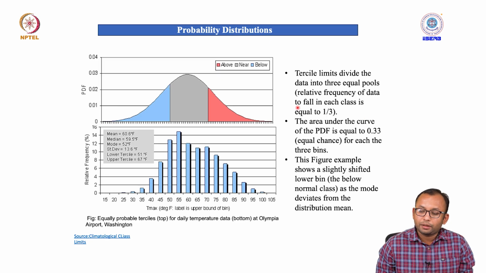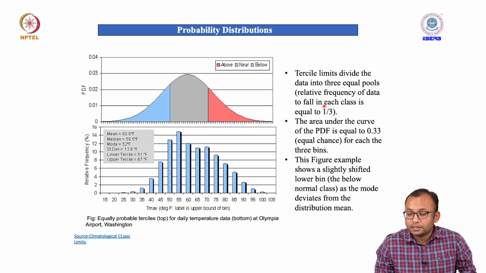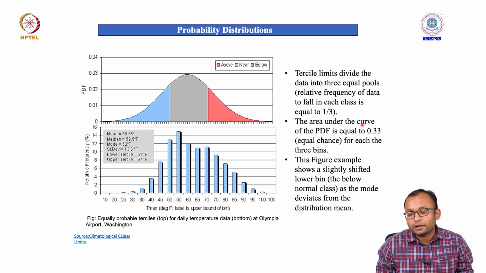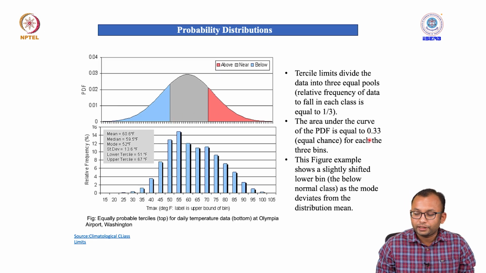So, the probability distribution function is divided into three equal classes, 1 by 3 each, and the area under each class is equal to 0.33. This figure also shows the slightly shifted lower bins compared to the higher positive values.